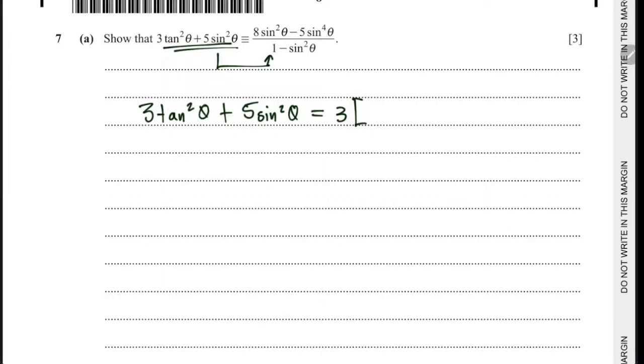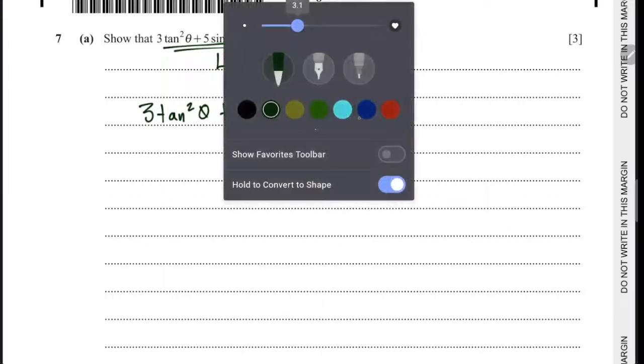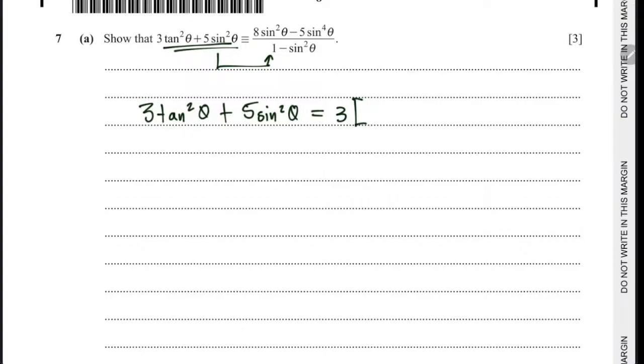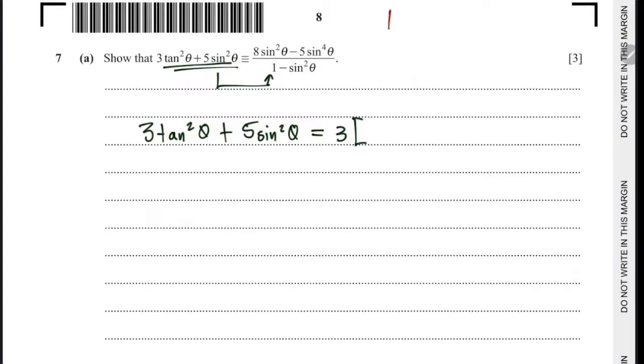I want you to only use AS level identities in this paper, okay? Remember the AS level identities is that tan theta is equal to sine theta over cos theta, right? Then sine squared theta plus cos squared theta is equal to 1, right?